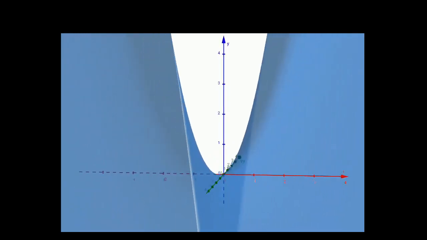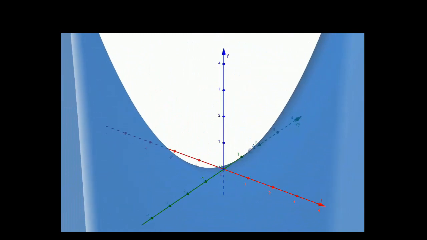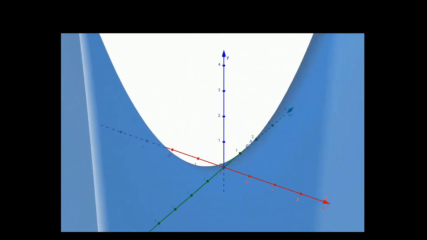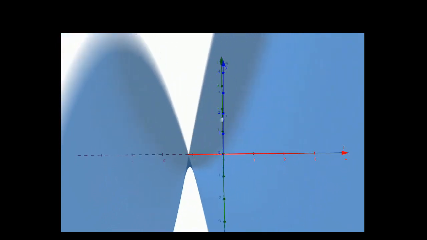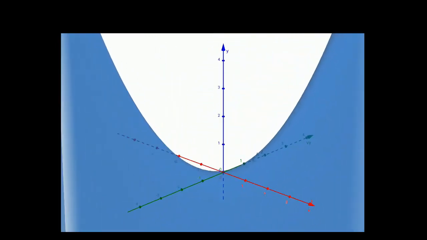And so essentially this surface, which is another hyperbolic paraboloid, is describing the vertical motion of our projectile.